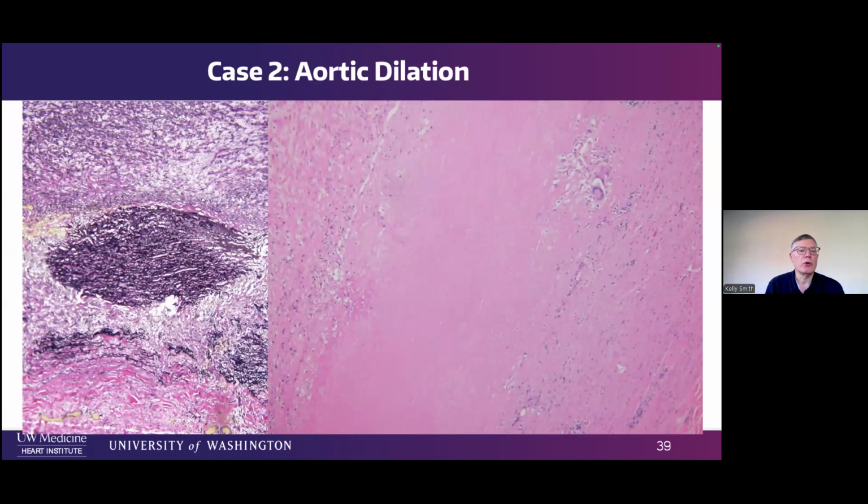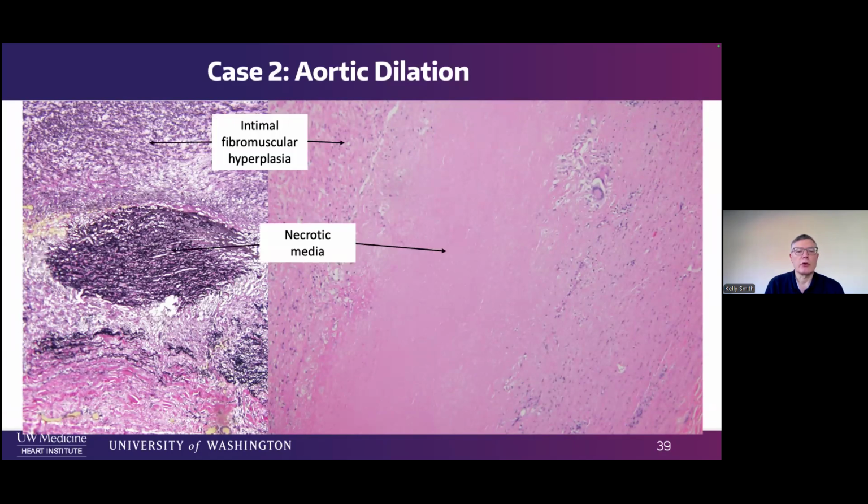Here's a higher power view. Again, you can see this island of necrotic media surrounded by granulomas. You can see areas of necrotic media, a higher power view of the intimal fibrosis, and then the giant cells present and adventitial fibrosis. You can go to the next slide.